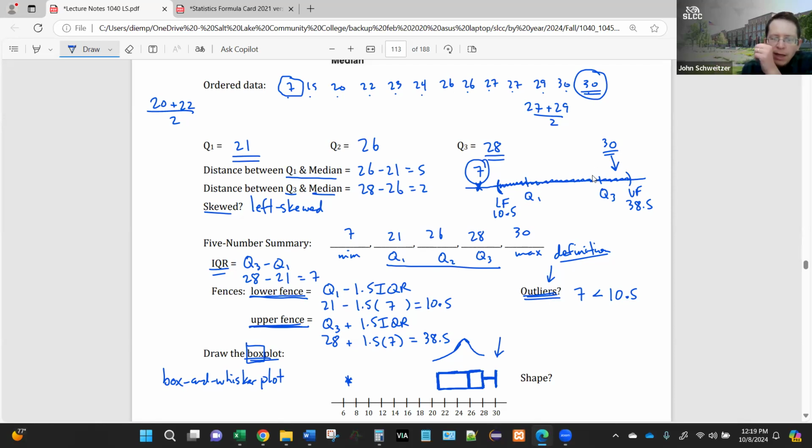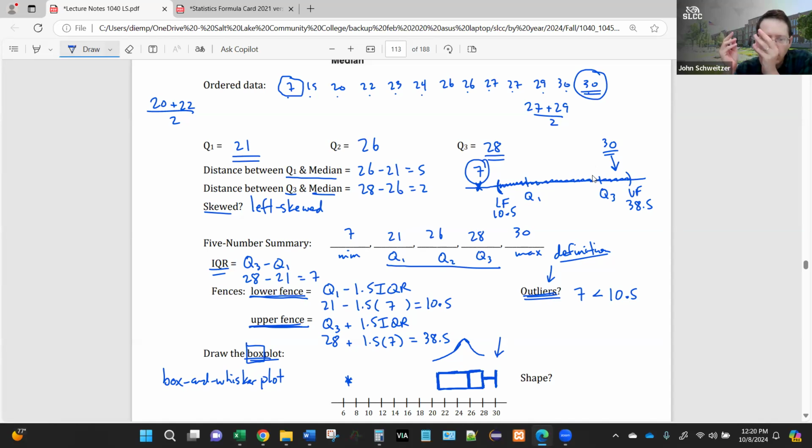Okay, then on the left, we're going to have another whisker, and this one's going to go down to the smallest value that's not an outlier. Okay, so this will lose you a point on the exam. It's really tempting to do this. So some students will just automatically draw that down there, and they will immediately lose a point. Okay, the outlier is intentionally isolated from the rest of the data.